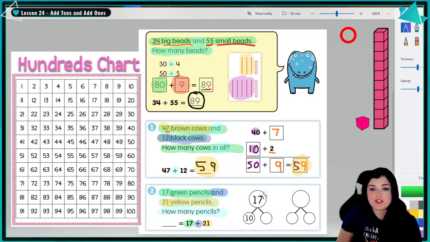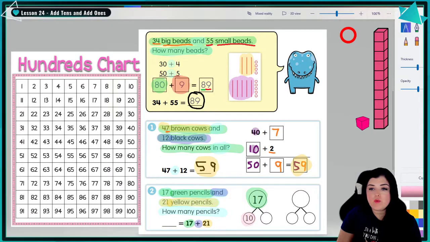One way to do this is to take your number and find out how many tens, how many ones. So when I look at the number 17, how many groups of 10 are in the number 17? 1. There's one group of 10. You know by looking at your tens place that there is one group of 10.